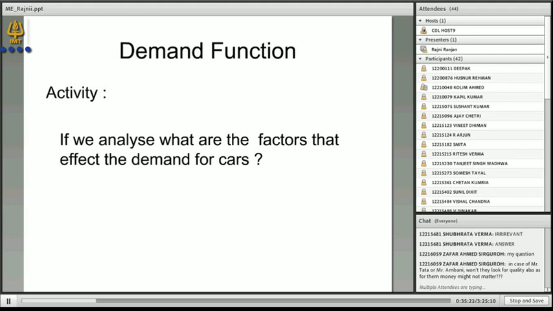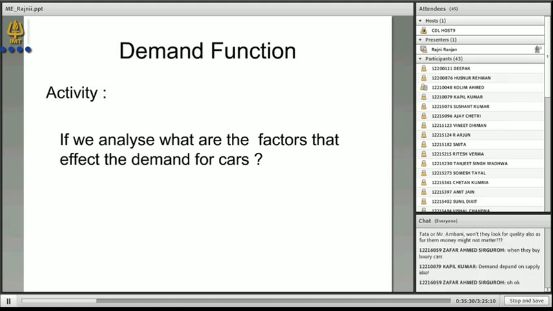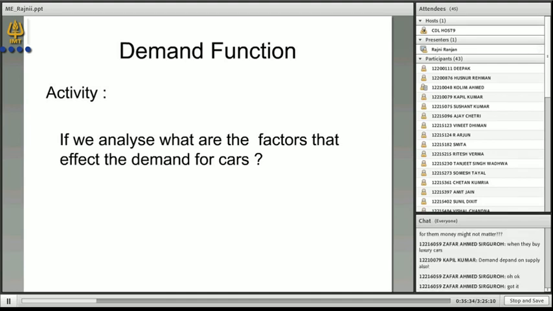Zafar, quality is a factor that affects demand. Please don't get confused. Quality is a factor that affects demand. Okay.